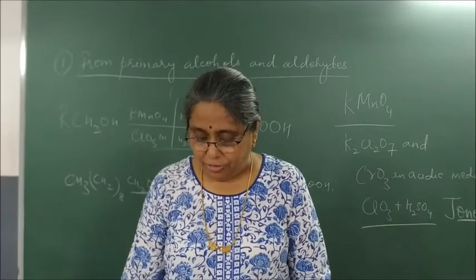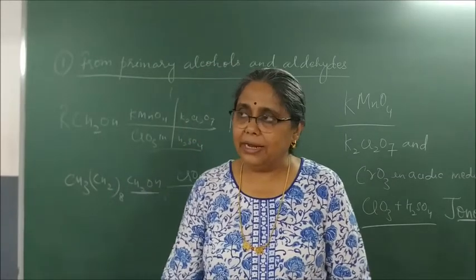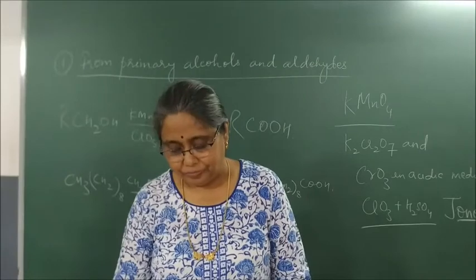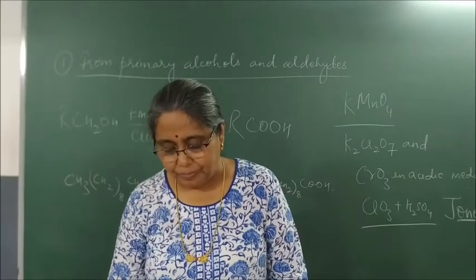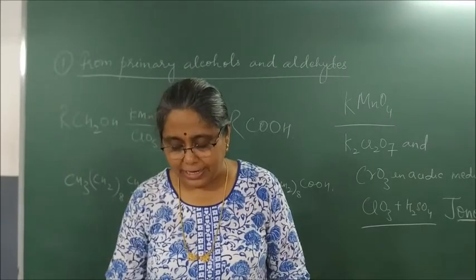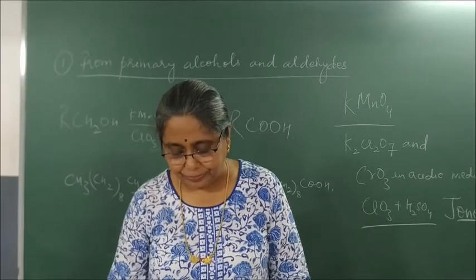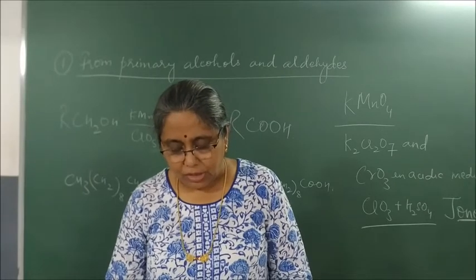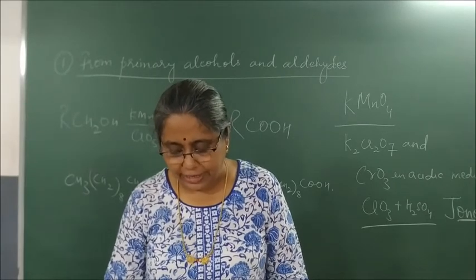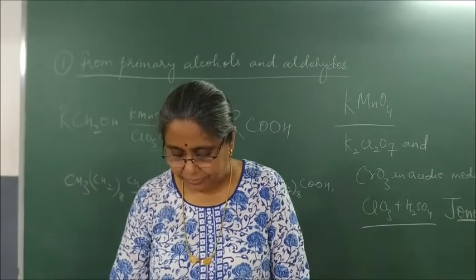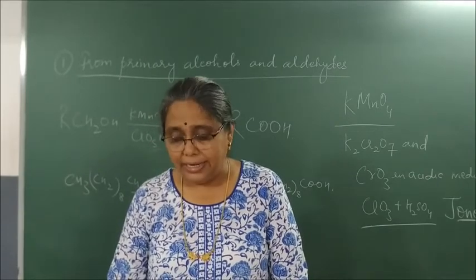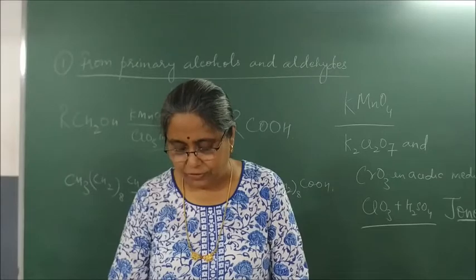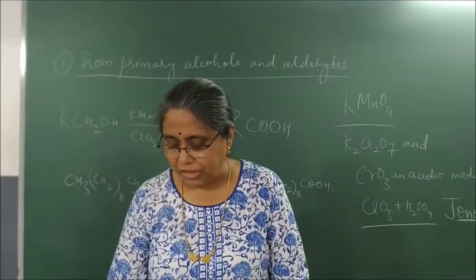Now turn back to your aldehyde notes and see how aldehydes are converted into acids. Please see the method of preparation or reactions of aldehyde. Somewhere you would have studied reactions of aldehyde. See how aldehydes get converted to acid using which reagent? Oxidation of aldehyde.